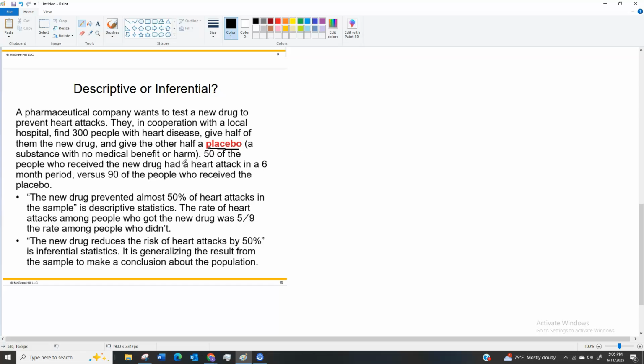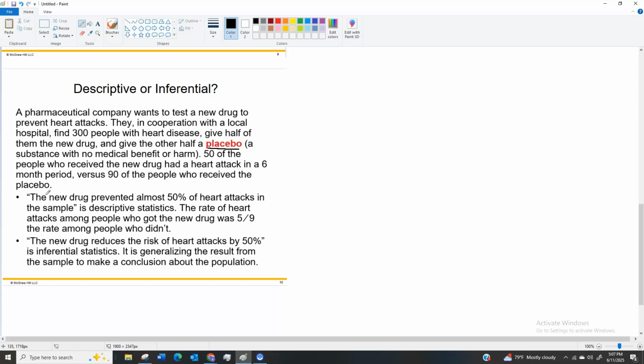And then it says 50 of the people who received the new drug had a heart attack in 6 months versus 90 people who received the placebo. Gosh, that's a lot. They're really being dramatic with their numbers here. But so 50 of the people that received the new drug had a heart attack, and 90 that took the placebo had a heart attack.